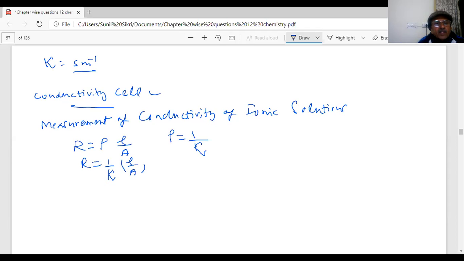So when R measurements are done, the conductivity can be calculated as 1 by R into L by A. R measurements are done by using a Wheatstone bridge, students, and therefore we can calculate the value of this. And since L and A for the cell are constant, L by A is called the cell constant.